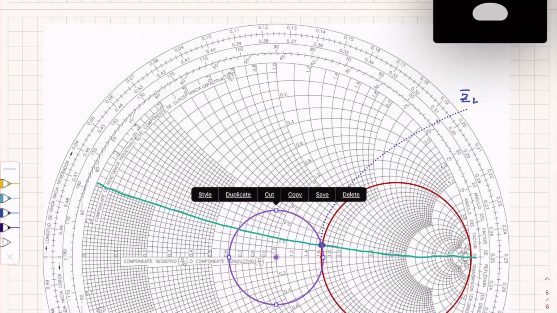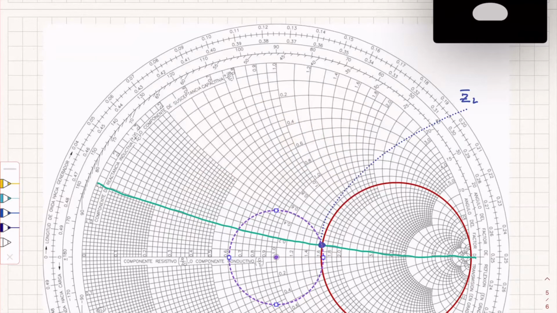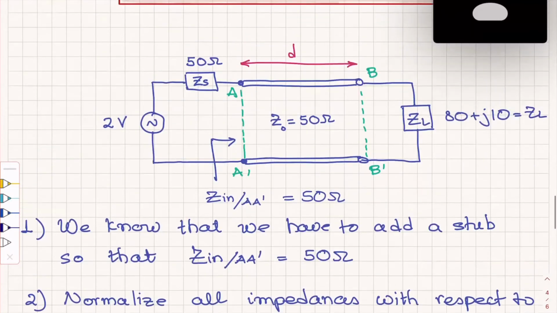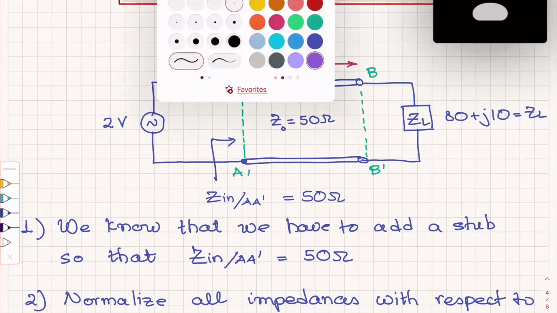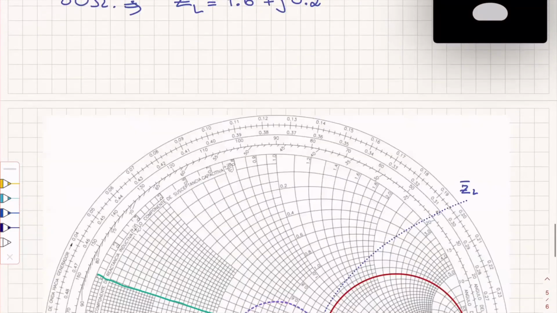Okay, so this is the purple one. The purple circle shows us moving along the transmission line from the load towards the source.